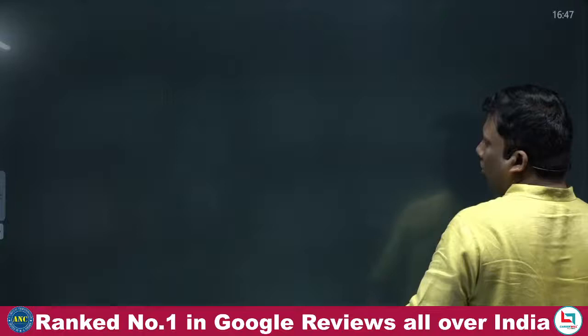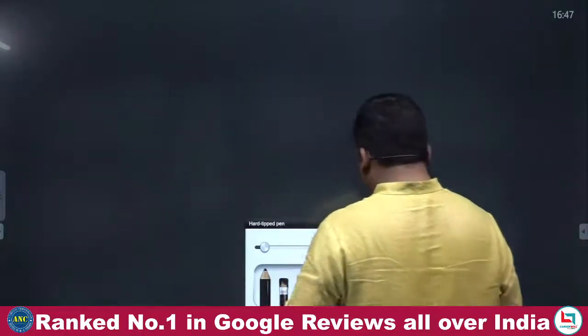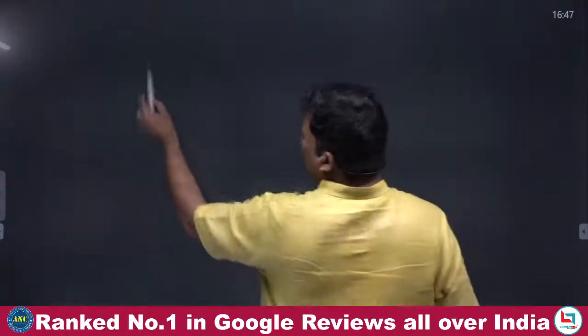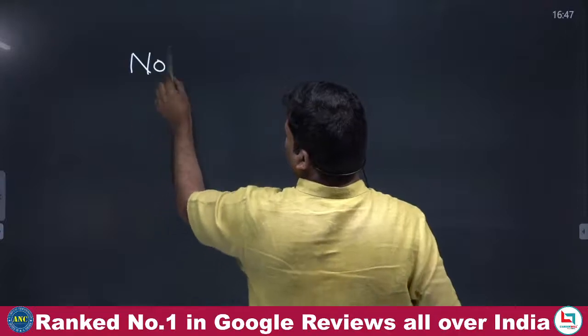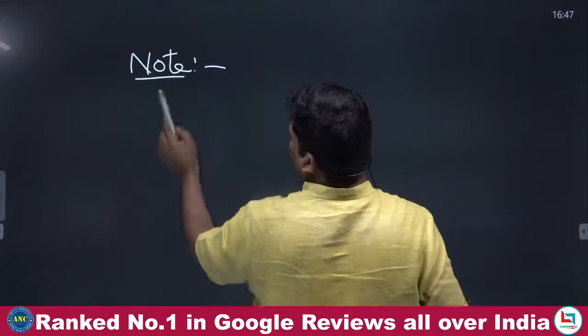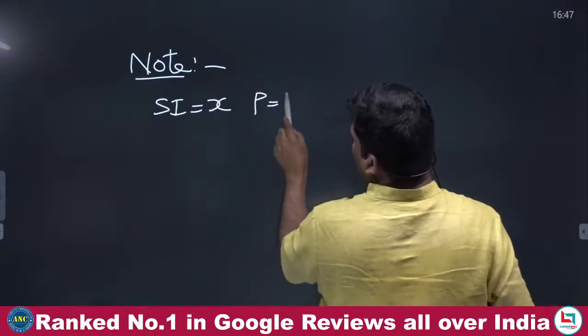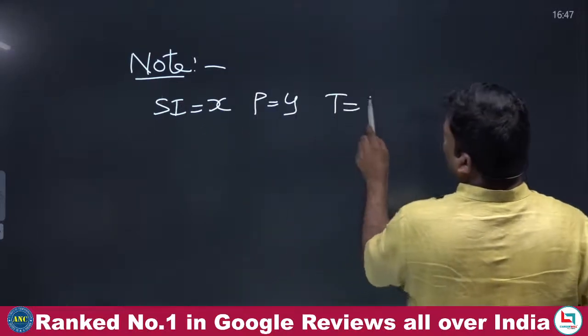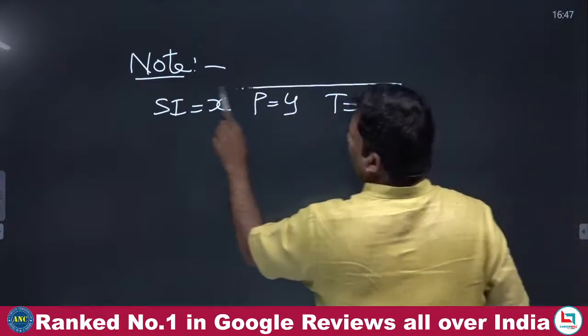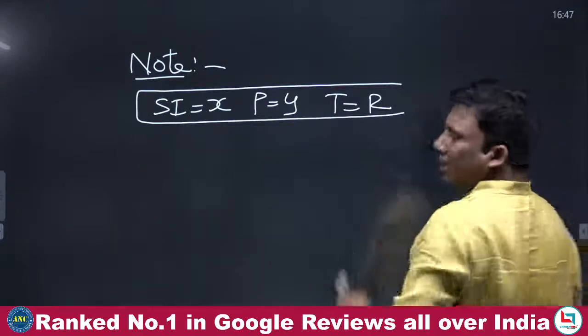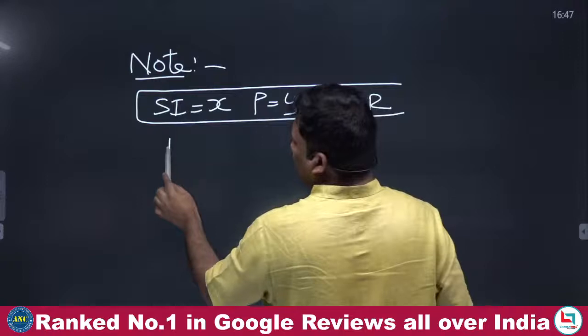Now, write down a note. Very, very important note. You don't need this note, but in case you can remember it: if simple interest is X and principal is Y, and time period and R are equal, what is R percentage?